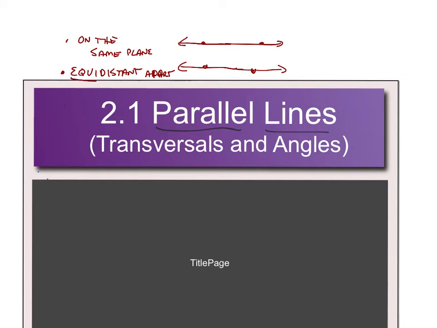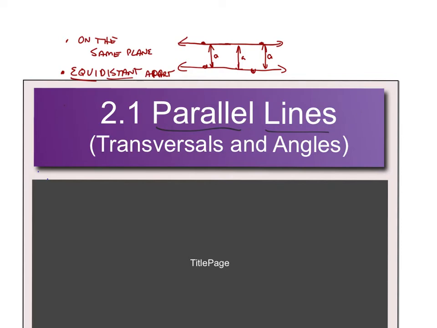Equidistant is a fancy math way of saying they are going to be an equal distance the entire time. So if I measure this, if this is length A, then it's length A all the way. That never changes. Now you're saying, Mr. Heeren, that's exactly what it means when it says they never touch.